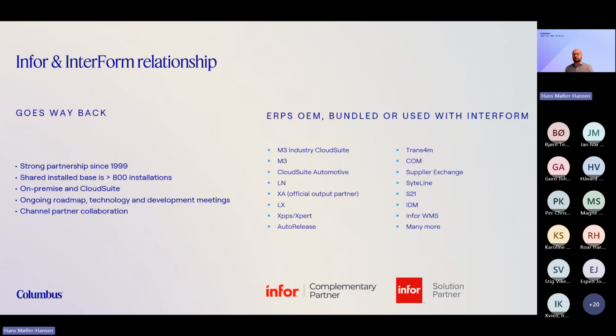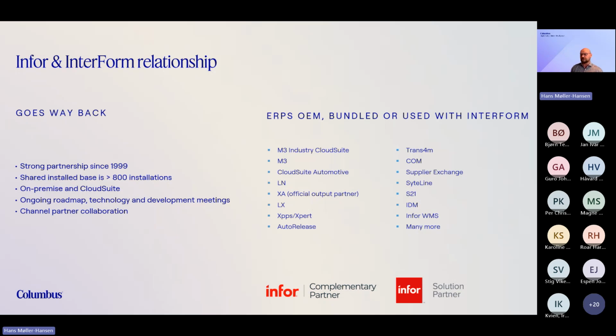Now I mentioned Info and Interform. You might have seen there was a webinar in June that Info hosted about the Interform relationship. Interform is now a complementary partner on M3, but the partnership actually goes back to '99.